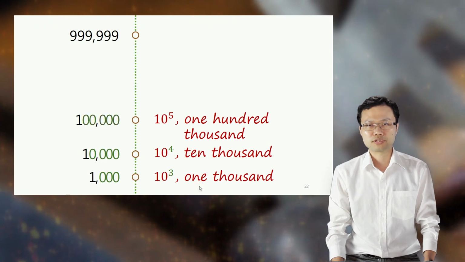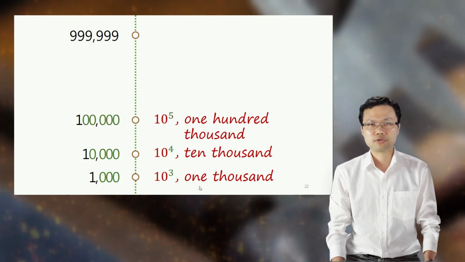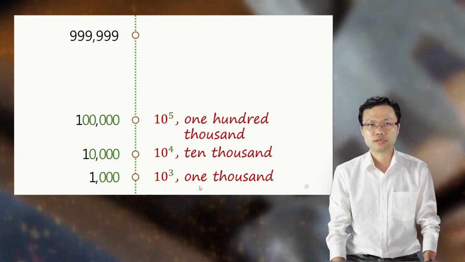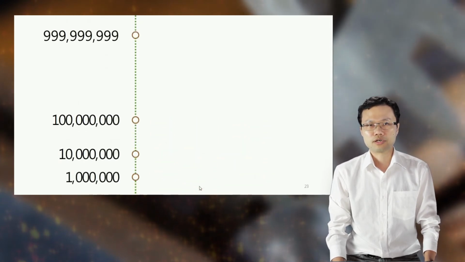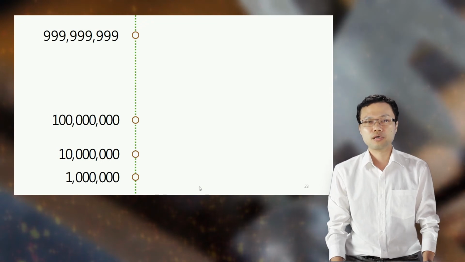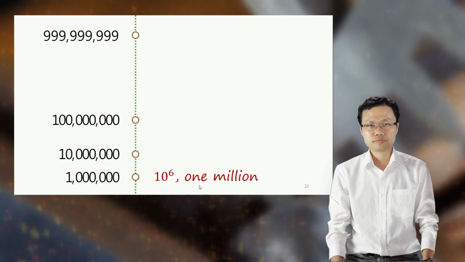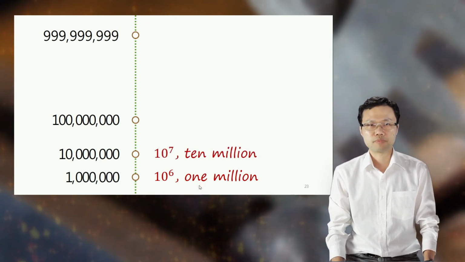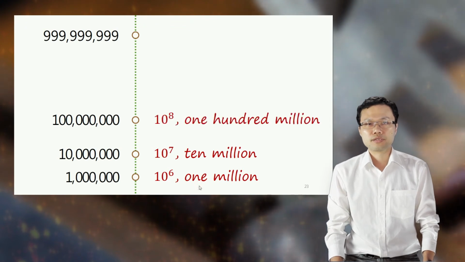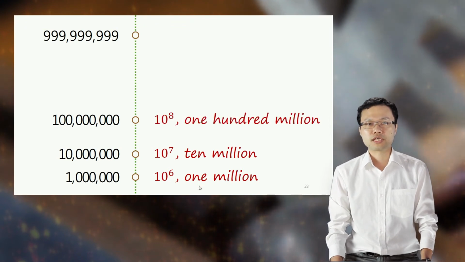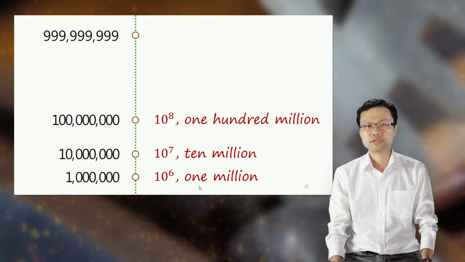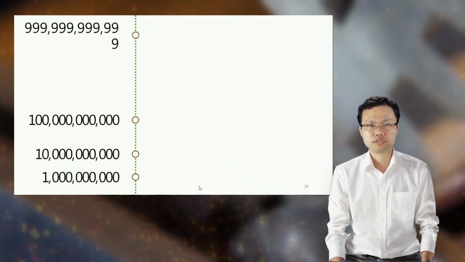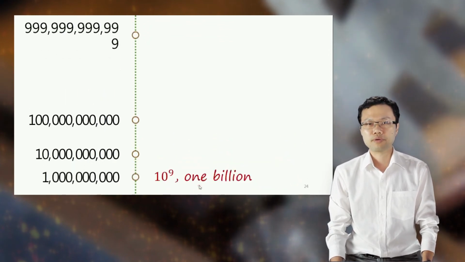For 100,000, there are 5 zeros after 1, so it's 10 to the power of 5. Similar rules apply to larger numbers. So 1 million equals 10 to the 6th power. 10 million is 10 to the 7th power, and 100 million can be written as 10 to the 8th power.